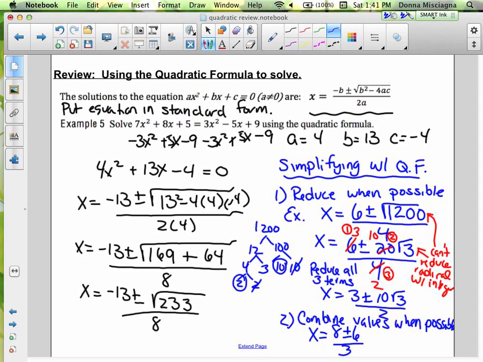Well, that's not going to reduce. Let's make it 7. Then one of them will reduce. Okay? So maybe that's what you get when you're solving with the quadratic formula.